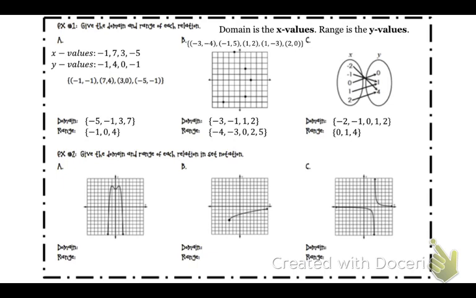Now we need to give the domain in set notation. I don't know if you guys have seen set notation before, so I'm going to go through this a little bit slower. Here I'll give you a little brief introduction. Let's pull up a chalkboard.